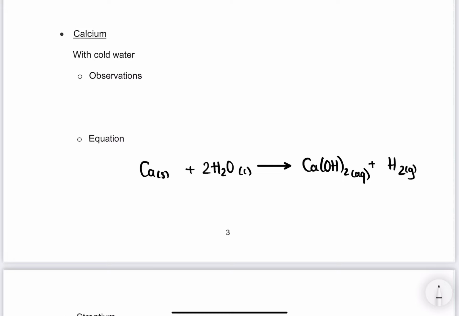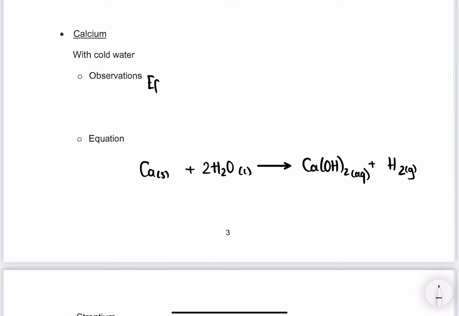So what about calcium? Well, we're going to react the calcium with water in the exact same way that we did the magnesium. And this time we're going to make calcium hydroxide and hydrogen. And the calcium hydroxide is more soluble than the magnesium, and so we're going to give an aq state symbol.